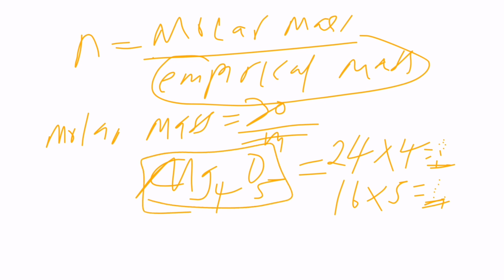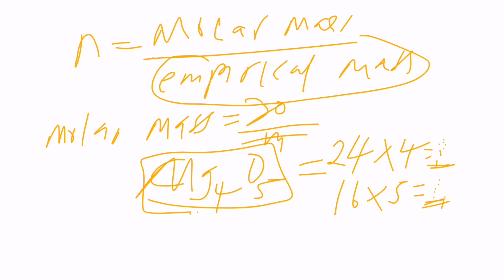So you just need to calculate the empirical mass, while the molar mass they will give you in the question. I will repeat: the molar mass they give you in the question.